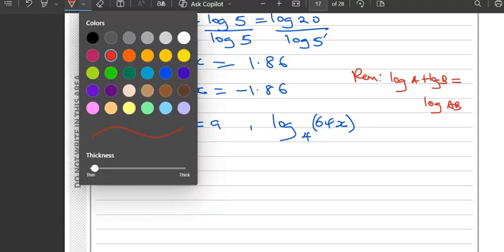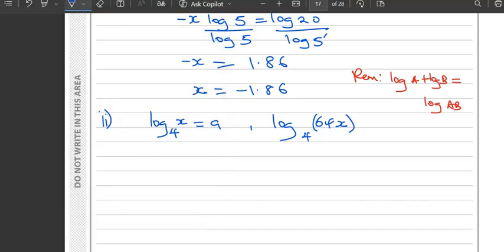So if we translate this back to what we are dealing with, 64x is the same as 64 times x. So this one we can write as log of 64 to base 4 plus log of x to base 4.